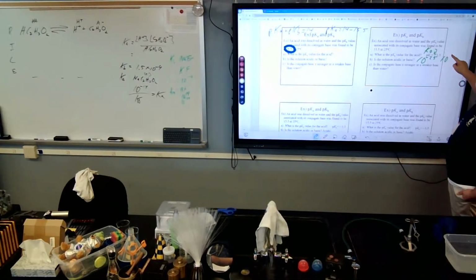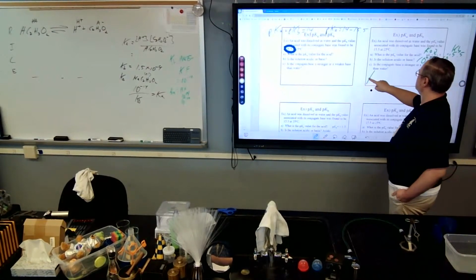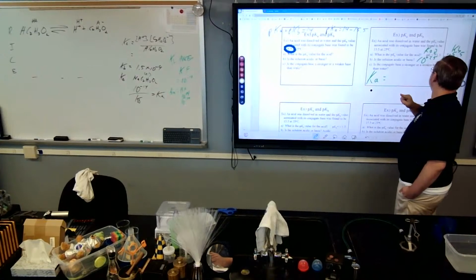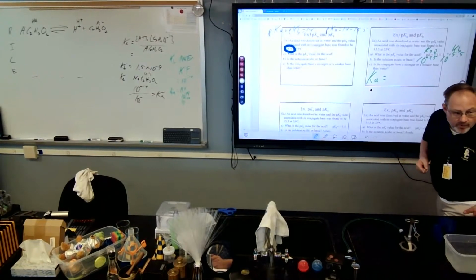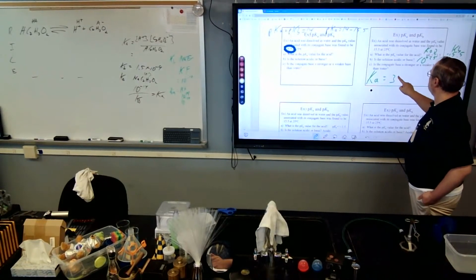And 10 to the 1.5, sorry, this is positive 1.5, is going to give us our Kb. So what's our Ka? How much? 31.6.